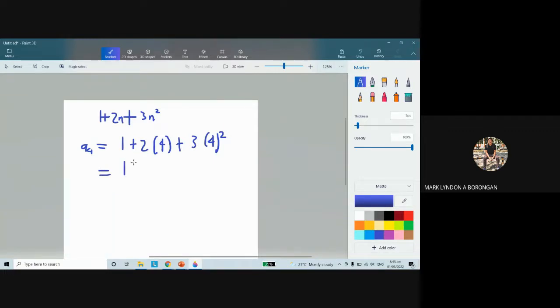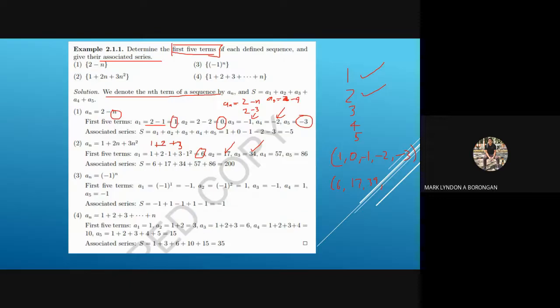So, 1 plus 2 times 4 is 8, plus 3 times 4 squared is 16. Now, we will add them. You have there 1 plus 8 is 9, plus 3 times 16, that is just equal to 48. Then adding them, you'll get 57. So it is 57.